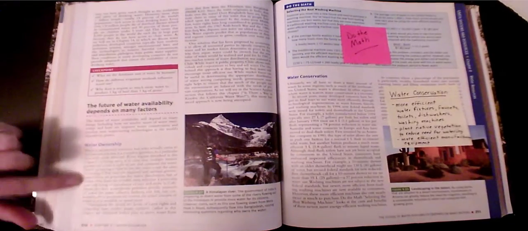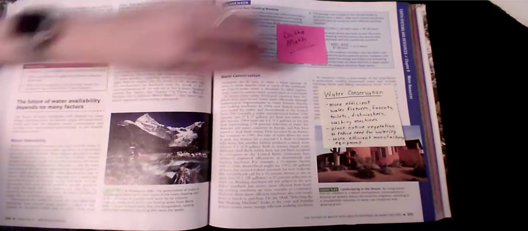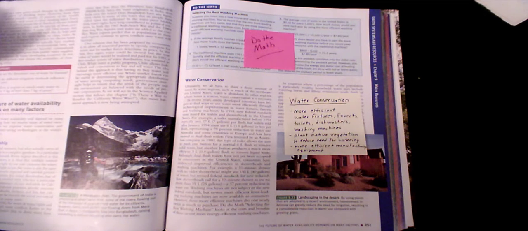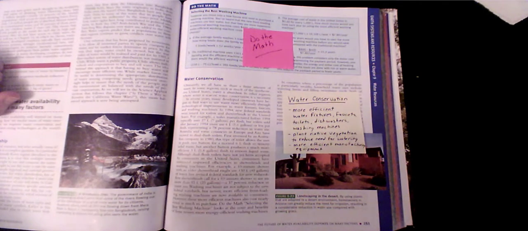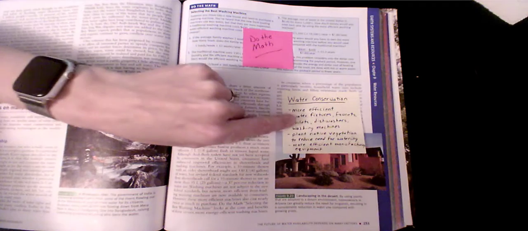Okay, talking about water ownership, that's pretty straightforward. Don't really need to get into that. And then we're talking about water conservation. Okay, so what are some different ways that you can conserve water? Use more efficient water fixtures, faucets, toilets, dishwashers, washing machines. I don't know if you guys have seen, there are new water efficient, energy efficient washing machines for sure that are HE, and so they use less water.